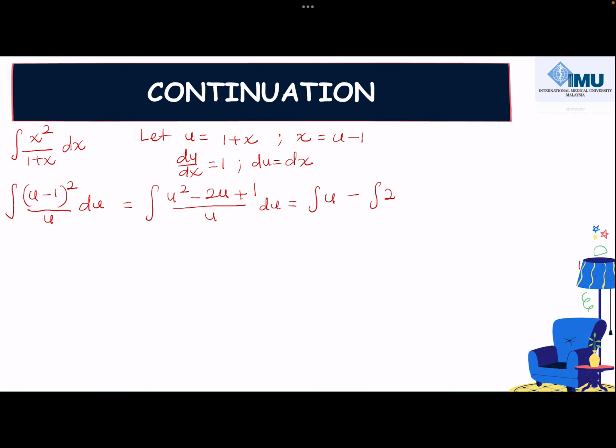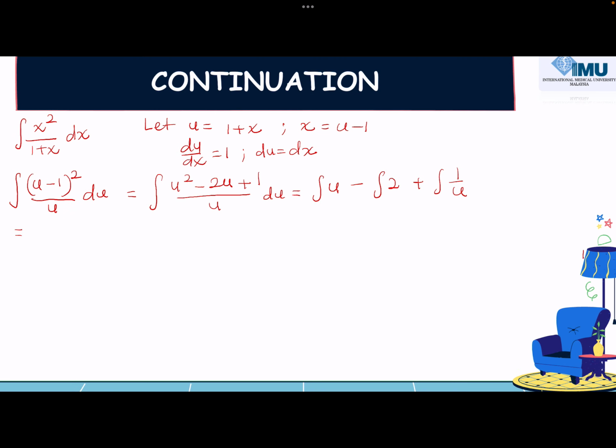And last but not least, I have 1 over u. I'm going to integrate it one by one. I will have u squared over 2 minus 2u plus ln u. Remember, integrate 1 over u is ln u. Don't forget to put plus c at the end.